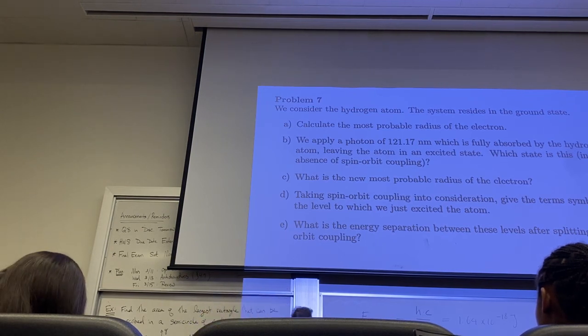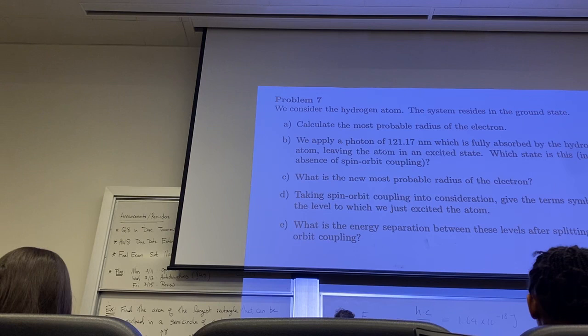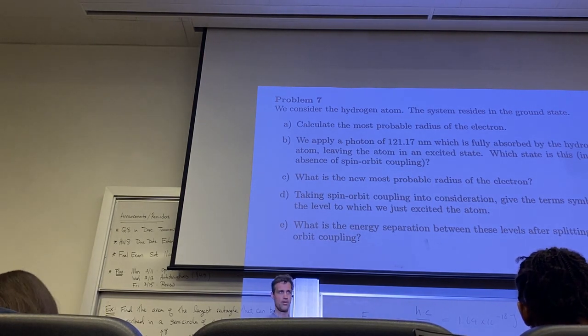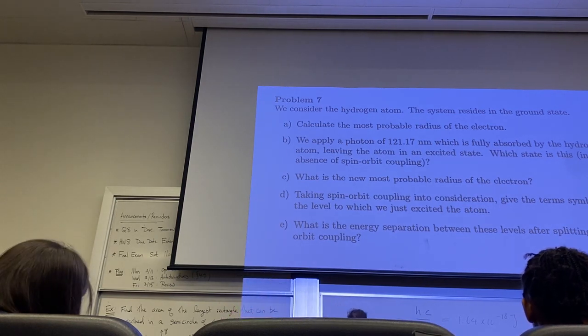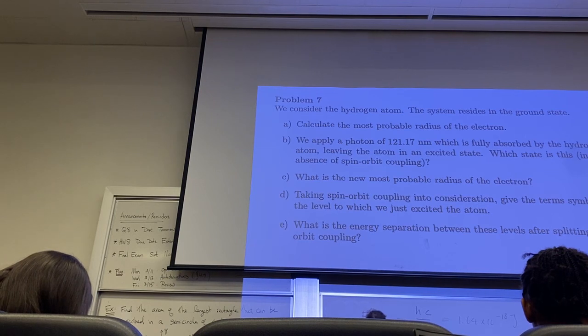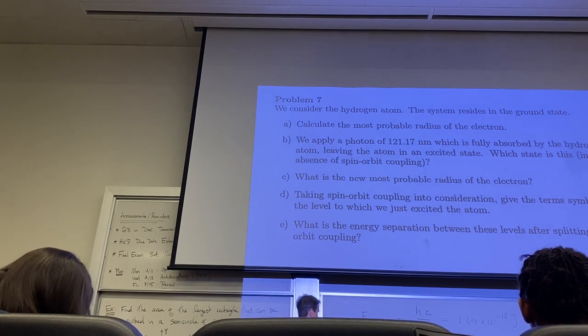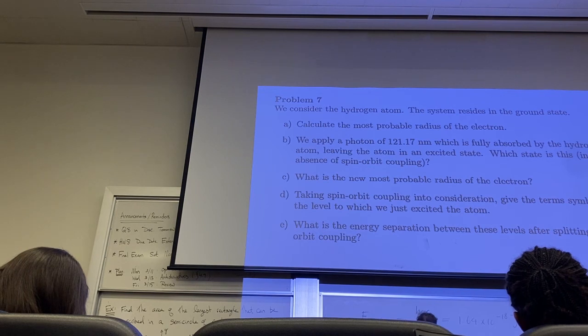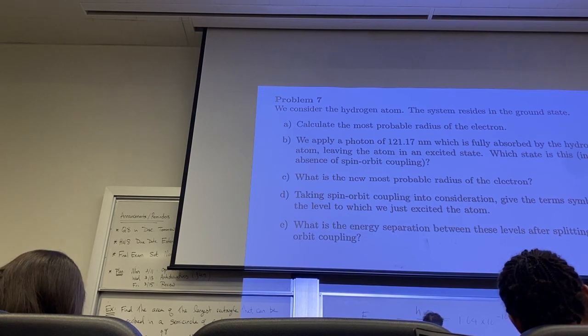The next thing is I need to know what is the energy difference between two states in the hydrogen atom, namely from state 1 to another state. Well, I can write it in this way: hcR, that is the Rydberg energy, times 1 over n squared of the final state minus 1 over n squared of the initial state.